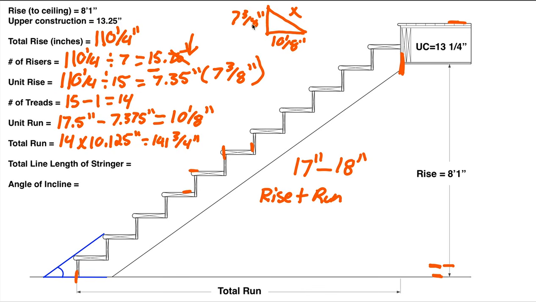If you remember our fancy hypotenuse formula, a squared plus b squared equals c squared. So 7 3/8 squared plus 10 1/8 squared equals c squared, and then remember you have to square root your answer. And so for our hypotenuse here, we're going to get an answer of 12.53 inches. That's rounded already, 12.53.